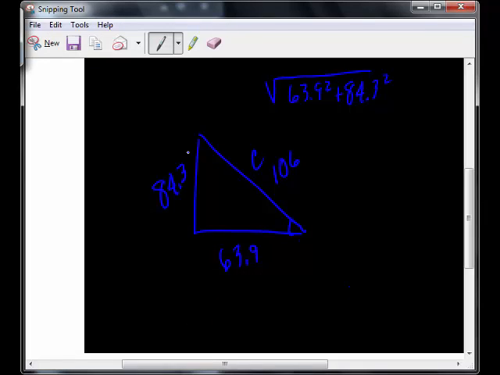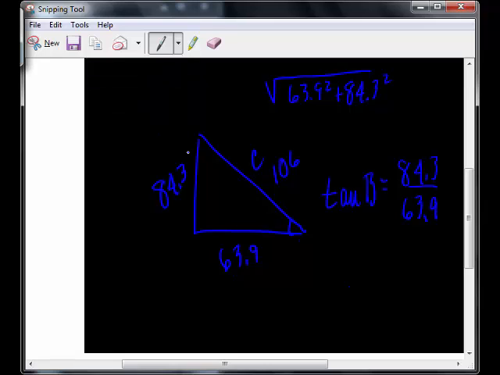Take this angle down here, and these two sides make the tangent of that angle. So the tangent of B is 84.3 over 63.9.